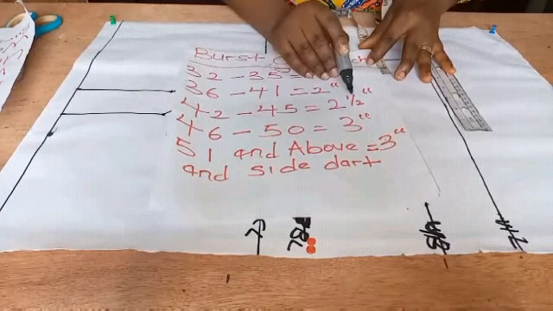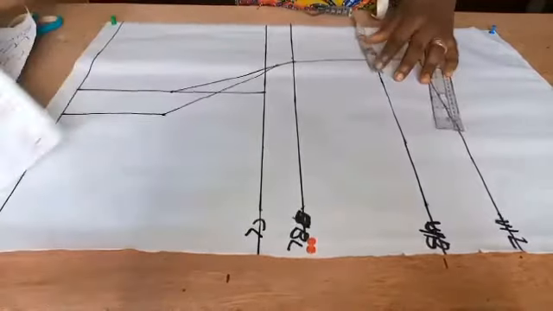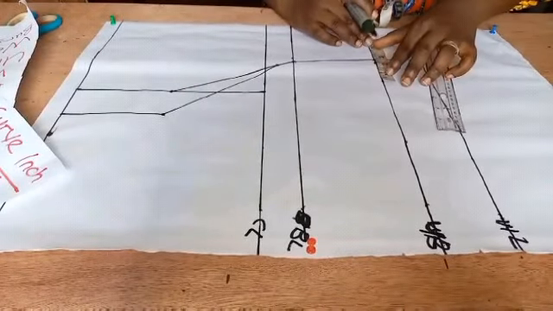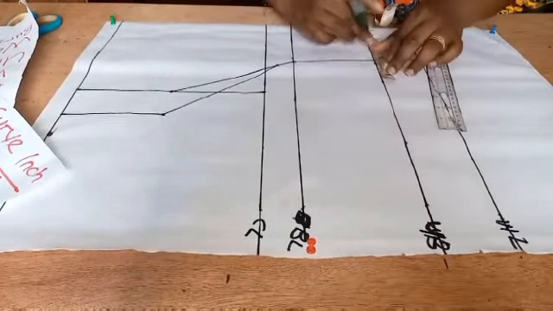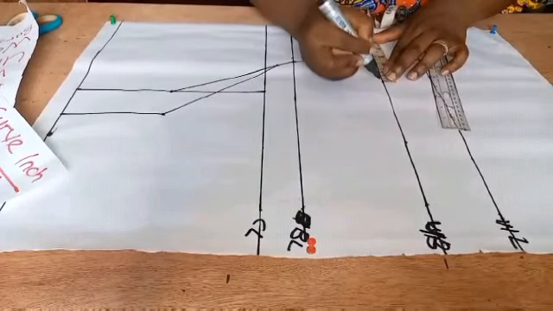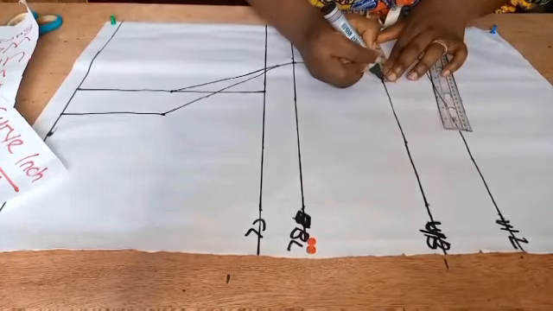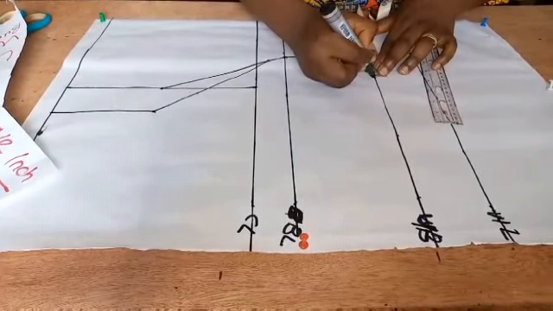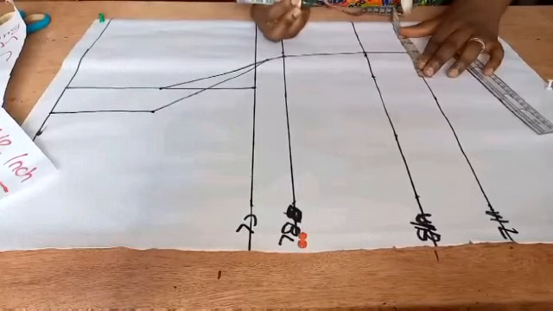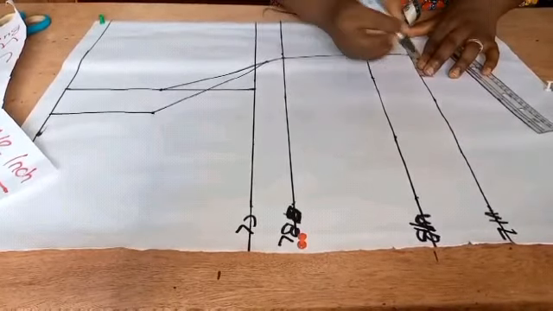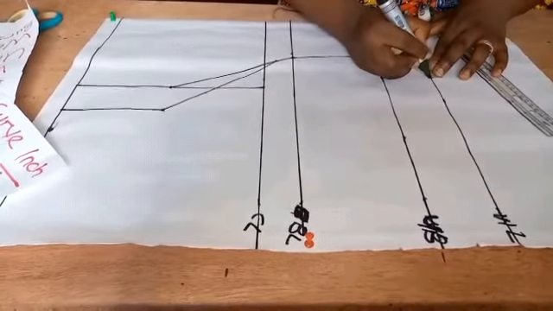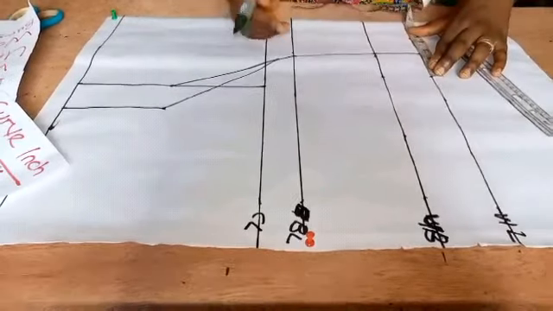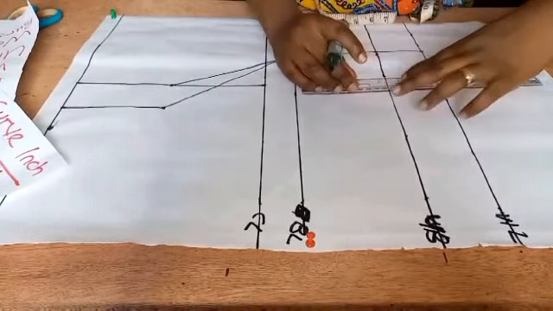So I'm using 2.5 inches for my bust curve. I measure 2.5 from here under my bust curve. I measure 2.5 here. I go to my waist also and measure 2.5. So I make it a straight line.